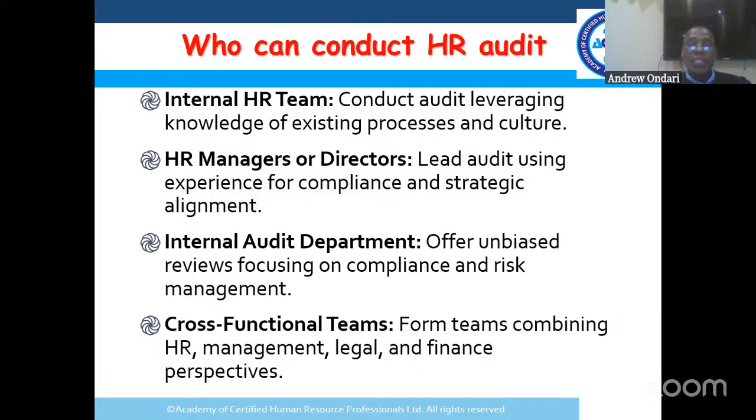Through this training, even if they are from finance or from production, they are able to appreciate the role of HR in organizations, and also when they are conducting the audit in conjunction with the HR department, they can easily understand what the HR department is doing. So my take is two.